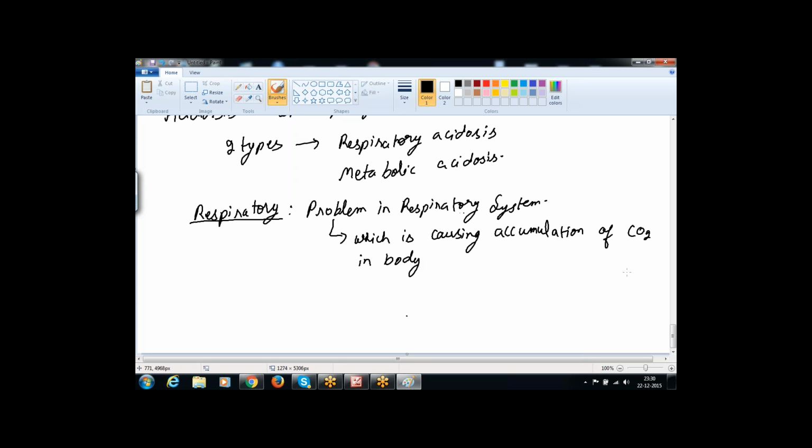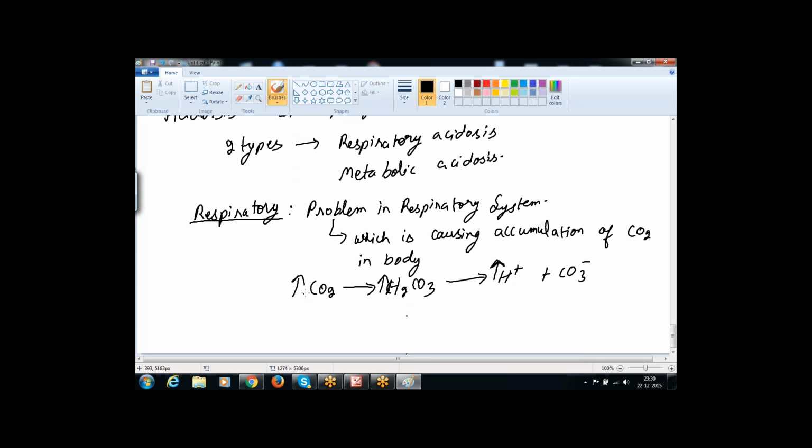When the carbon dioxide accumulates, it will dissolve in water to form carbonic acid. Carbonic acid will give a lot of H+ and bicarbonate. So the acid will increase. Acid increasing simply means acidosis. A lot of H+ is just an indicator of a lot of acid.